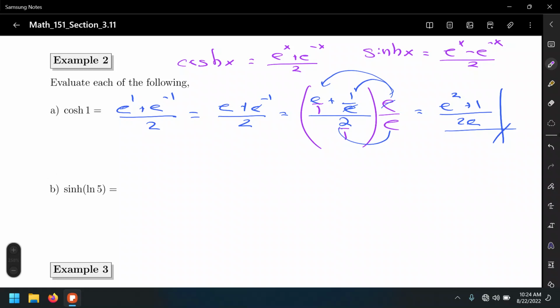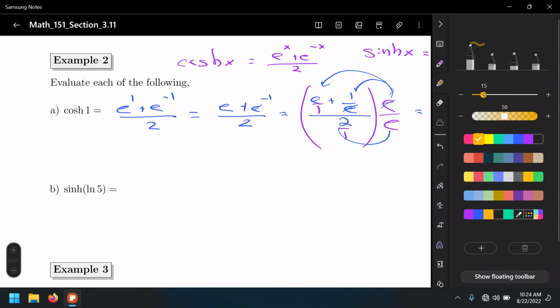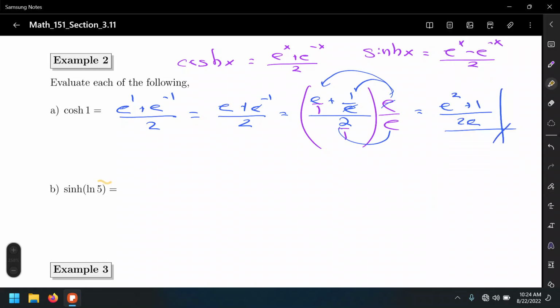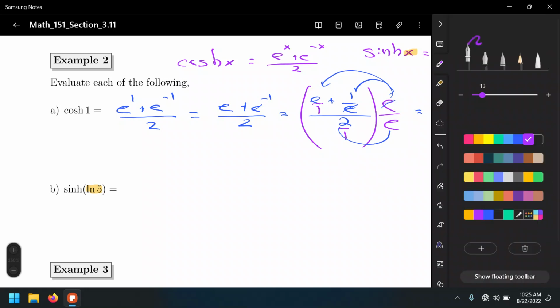In this case, we will replace this x that I'm highlighting with whatever we have inside the parentheses of the hyperbolic function. In this case, it's not just x, it's the natural log of 5. So let's rewrite this.